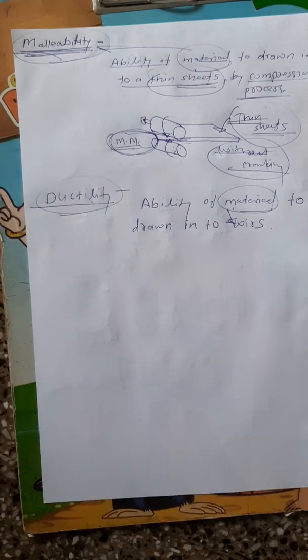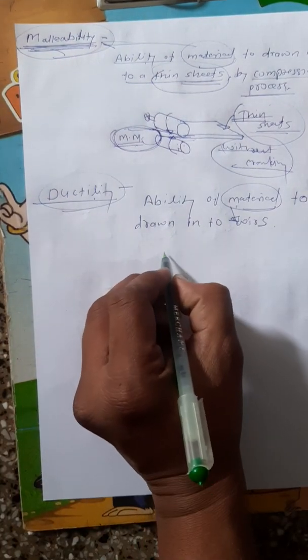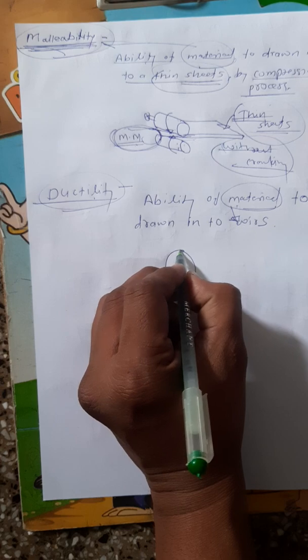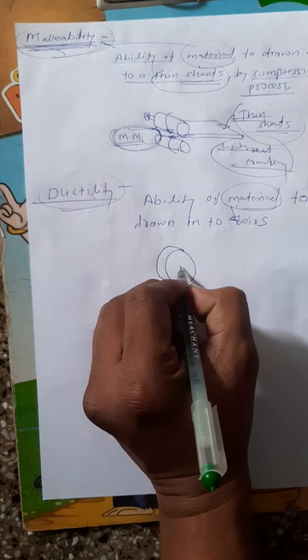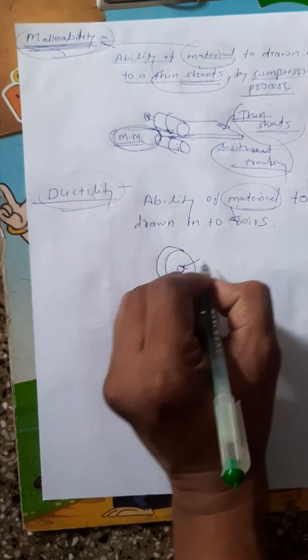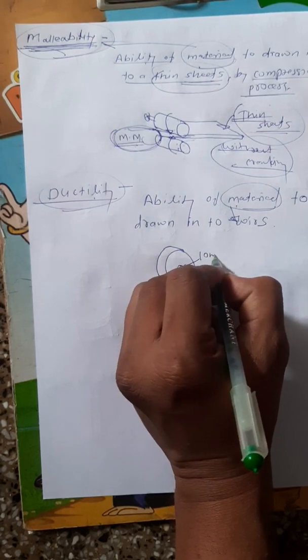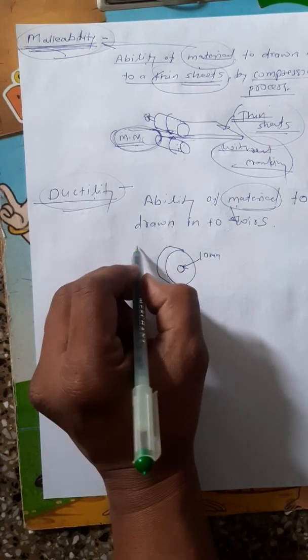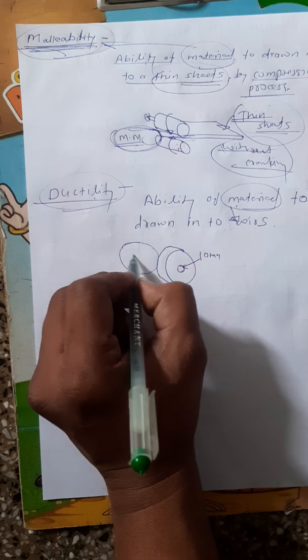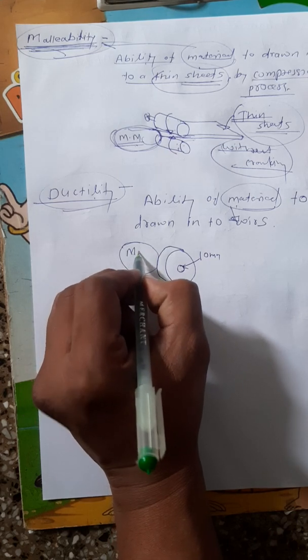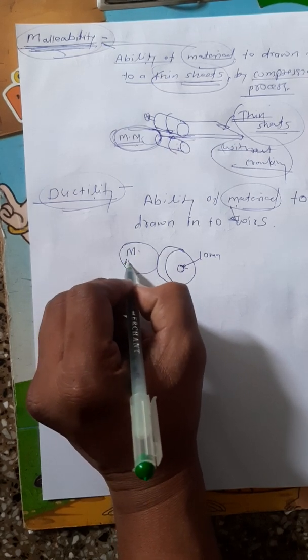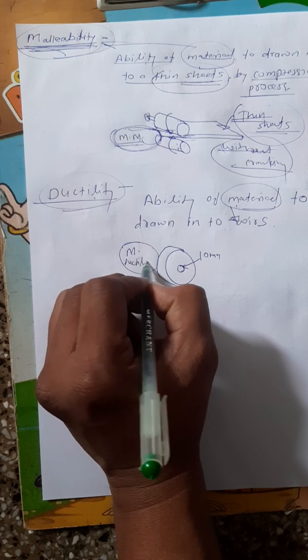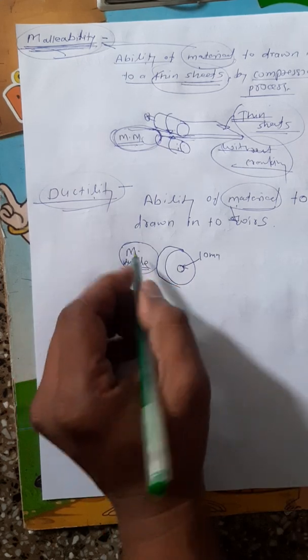So how does it happen? Suppose this is a die. You know very well what a die is. The die has a small hole, suppose a 10 mm hole. And here we have a material, a ductile material.